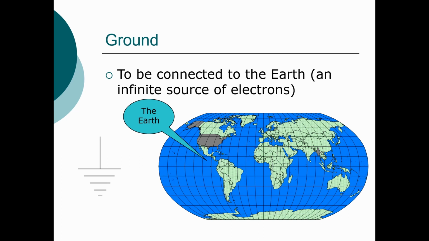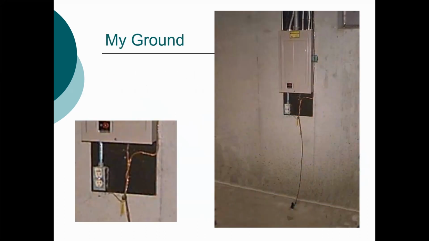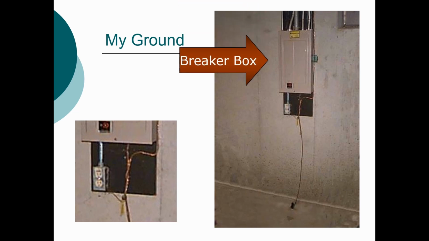The symbol on the left is one used to denote a connection to the ground. Here is the picture of the electrical service box in my basement. This tan metal box contains all the circuit breakers protecting the electrical circuits in my house. Coming out of the bottom is a copper wire that grounds the breaker box to the earth.